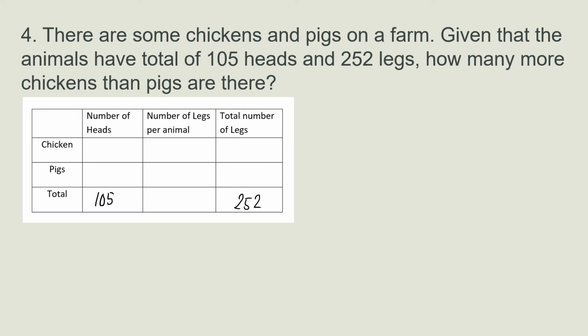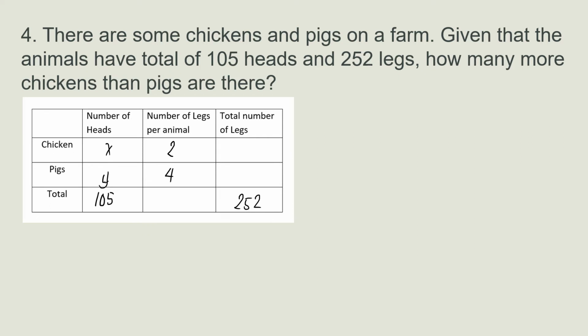So we can represent them again by using variables, x and y. Use any letter that you like if you're getting tired of x and y. Number of legs per animal: for chicken, we only have 2 legs per animal, and for pigs, of course, 4.